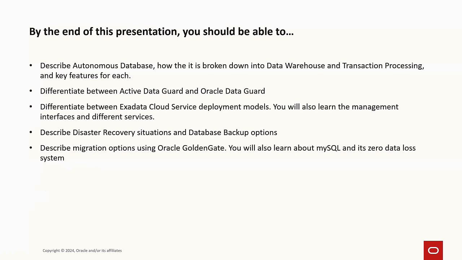You should also understand the different HA configurations between Active Data Guard and Data Guard, understand the different deployments in the cloud service models, and have a basic understanding of database backup, database recovery, and some database migration patterns, specifically with Oracle GoldenGate and with MySQL.